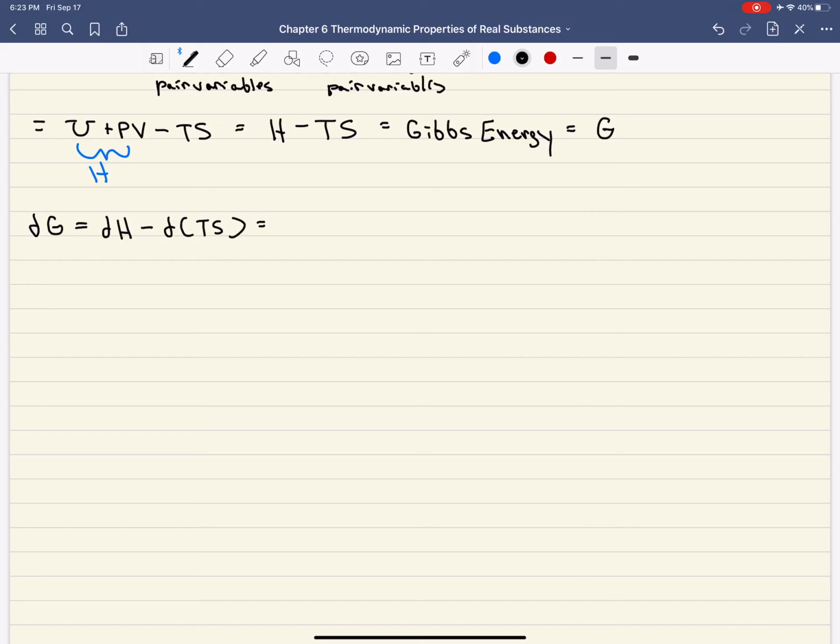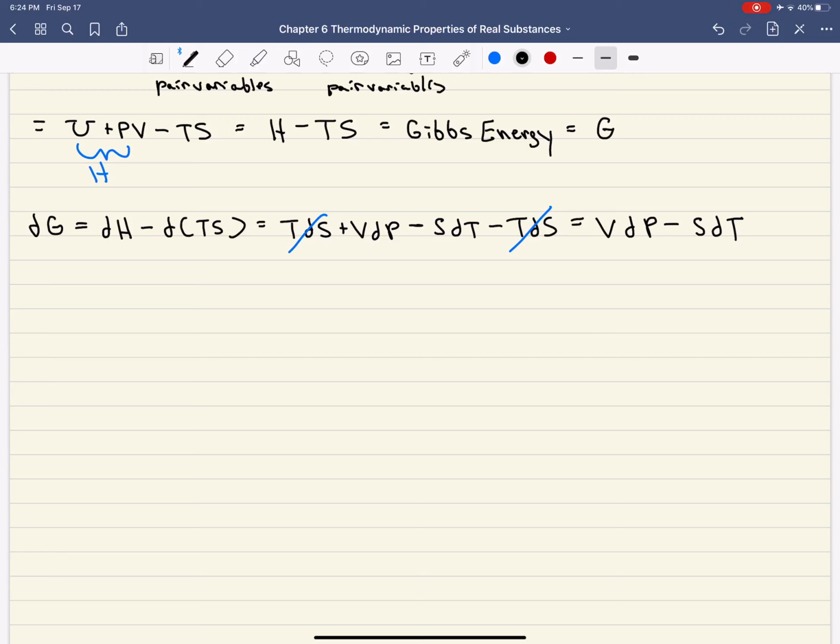For dH, from our first Legendre transform, we know that's equal to TdS plus VdP. And then if we take the derivative of TS, we get minus SdT minus TdS. The TdS's cancel, and what we get is that the fundamental equation for the Gibbs energy is VdP minus SdT.